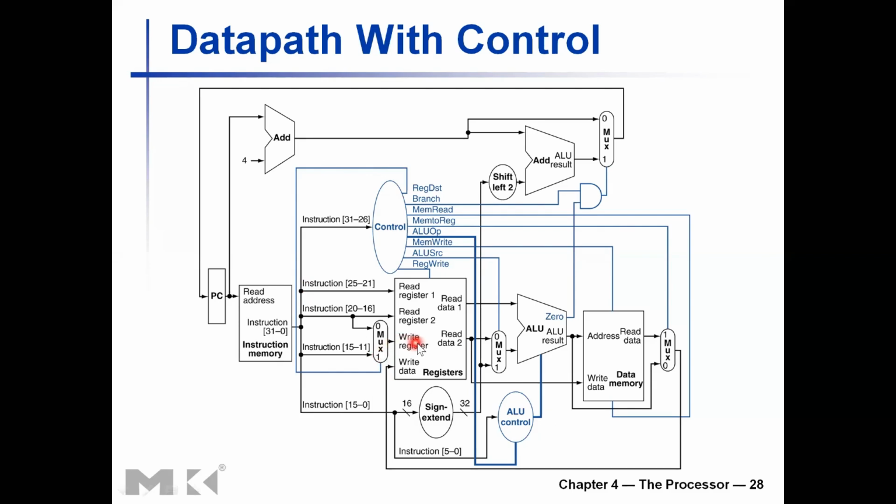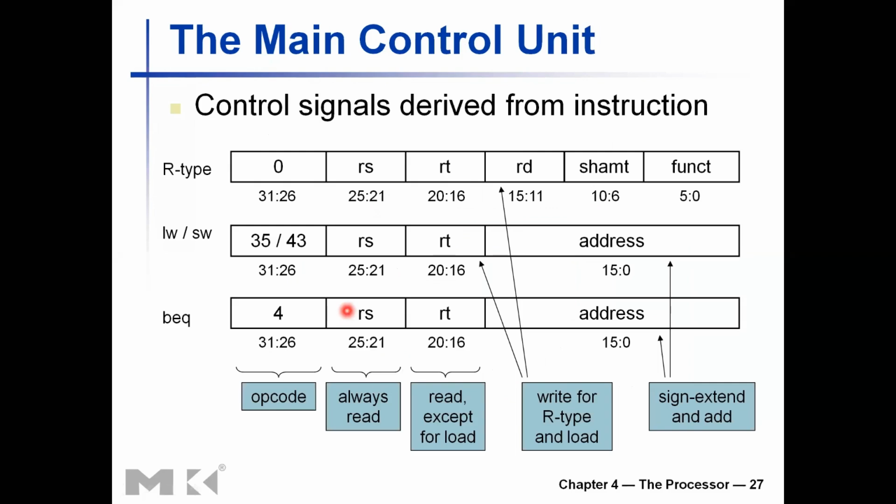To decide which register you are writing to, it decides the address of the write register. It may be bits 11 to 15 of the instruction or 16 to 20 of the instruction. If you go back to the previous slide, you can see for R-type instruction, the destination register to be written into is given in bits 11 to 15, those 5 bits.